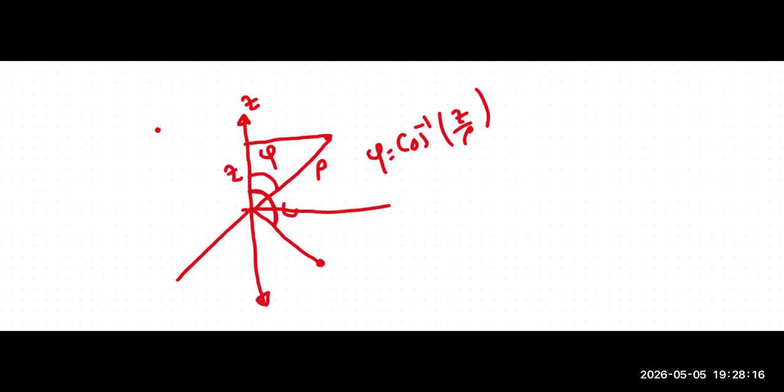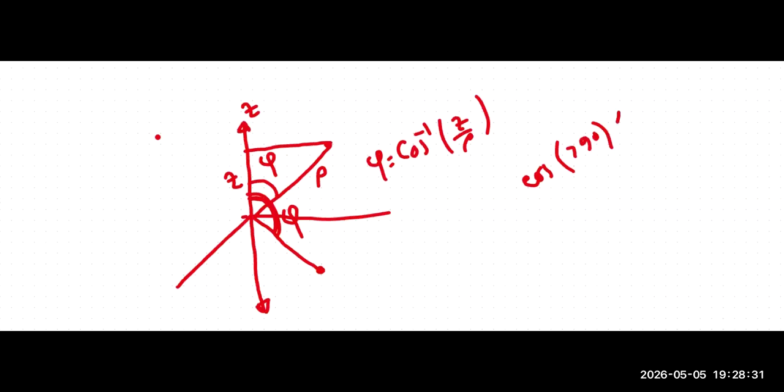Since this angle is greater than 90 degrees, we know the cosine of something greater than 90 degrees is negative. So if we consider the negative z axis, our phi value is greater than pi by 2, pi by 2 to pi.